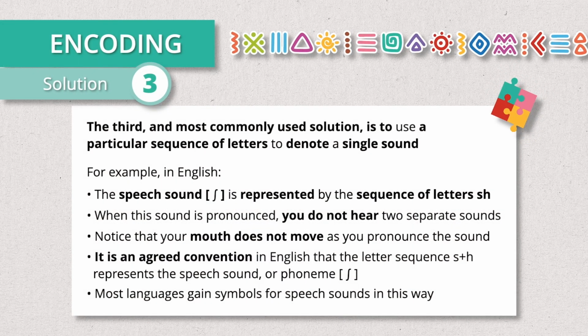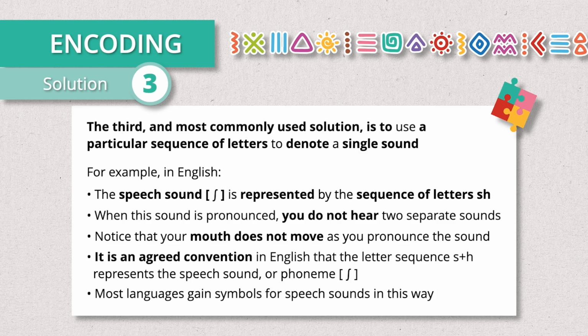The third and most commonly used solution is to use a particular sequence of letters to denote a single sound. For example, in English, the speech sound sh is represented by the sequence of letters SH. When the sound is pronounced, you do not hear two separate sounds.